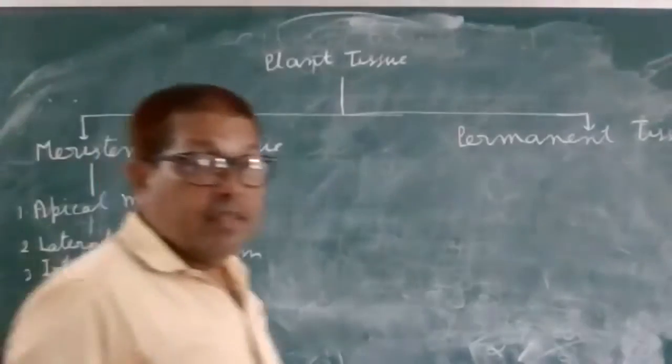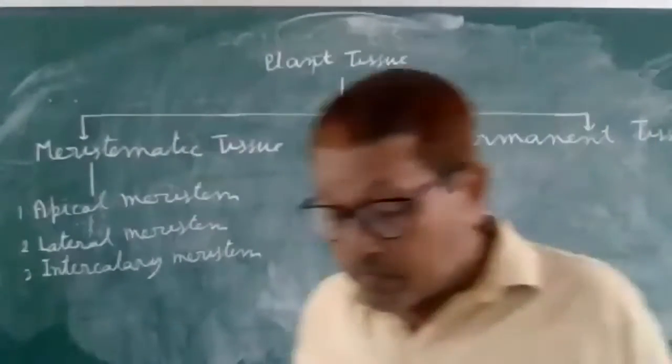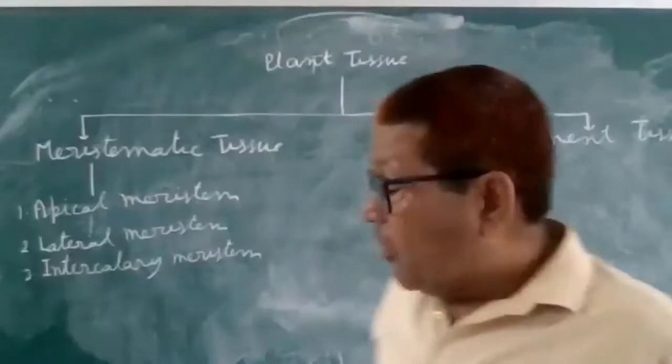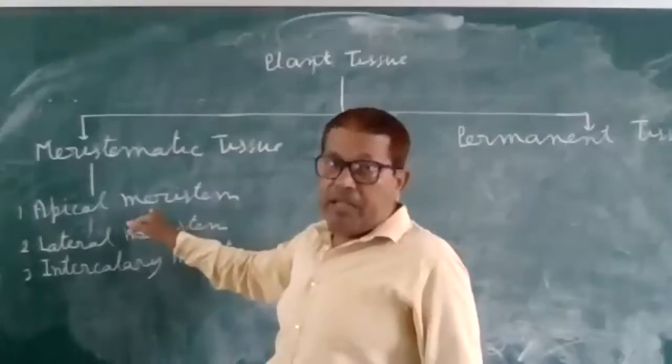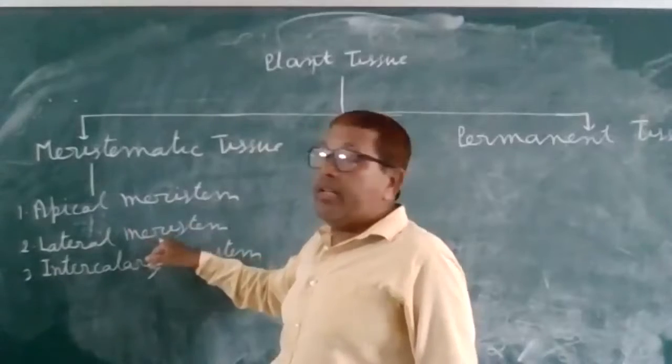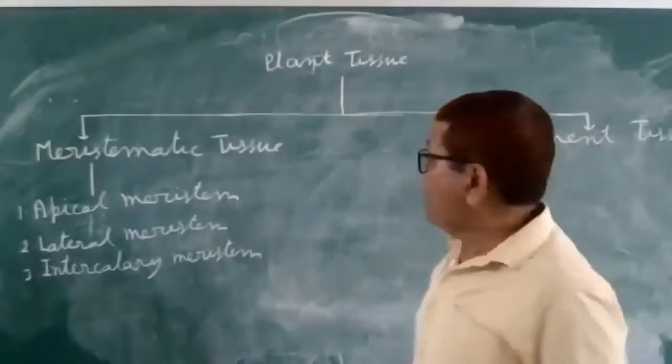So it is three types on the basis of their location in plant body. Number one is apical meristem, second one is lateral meristem, and third one is intercalary meristem.